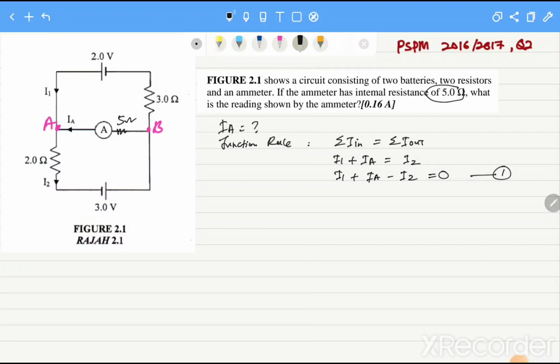The second equation you are going to get from Kirchhoff's second rule. The second rule is the loop rule. According to the loop rule, the sum of voltages around a closed loop equals 0.